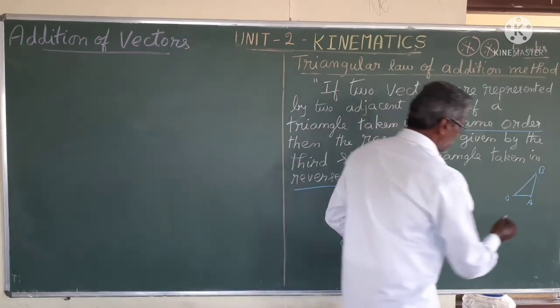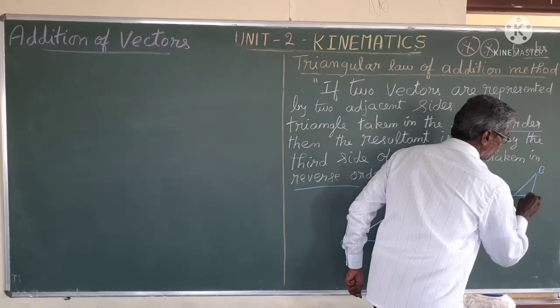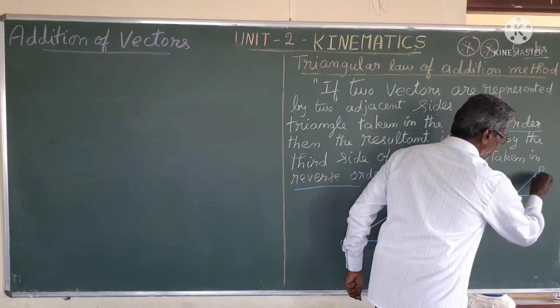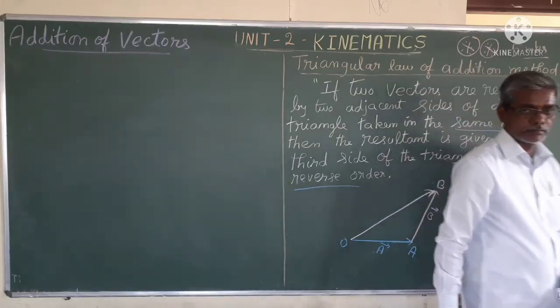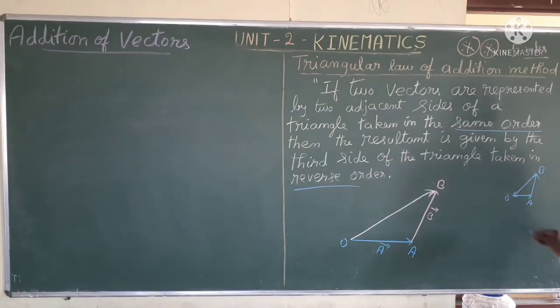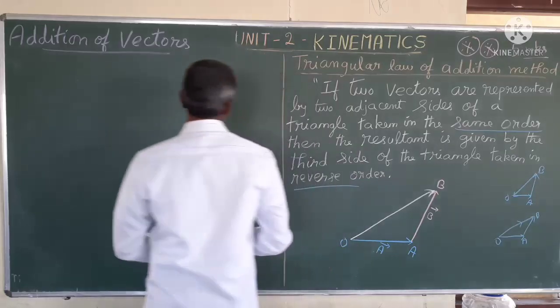Suppose it becomes BO, then I can call it the same order. If this is OA, AB, and I come to OB, then I can call it reverse order. So it should be taken in the form of reverse order.